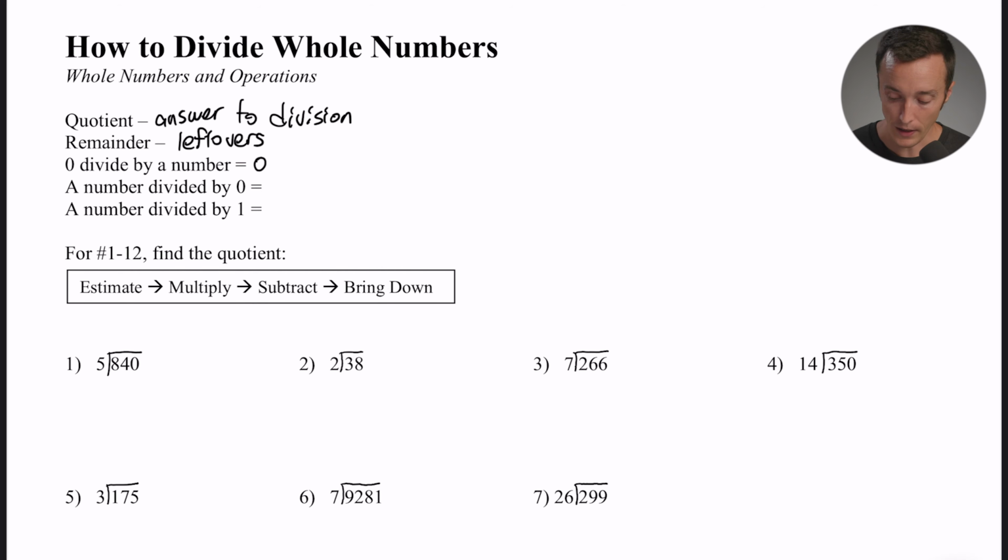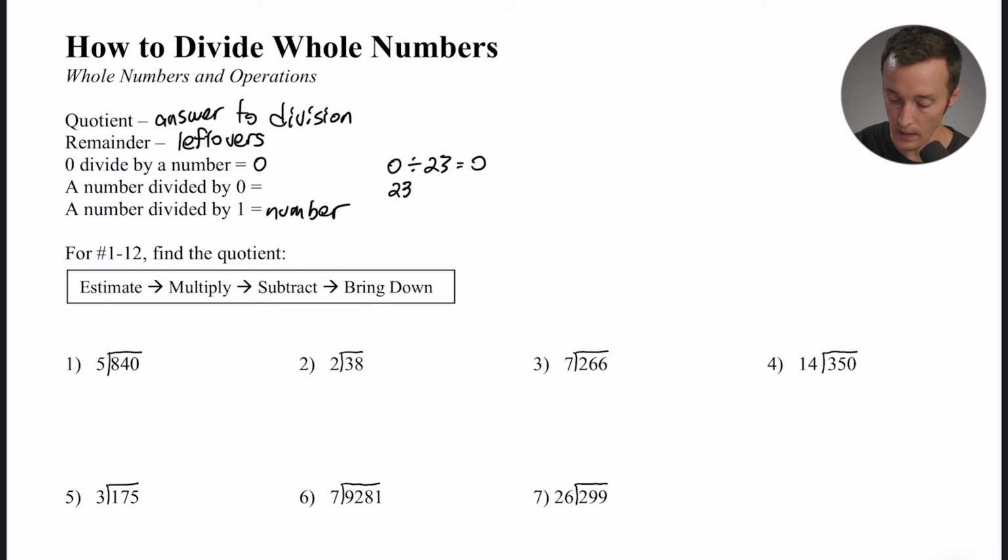Okay, and then a number divided by 1 is just whatever the number was. So let me show you an example of what I'm talking about. Let's just look at an example of each one of these. If we did 0 divided by 23, I'm just making that up, you would get 0, because 0 divided by anything is 0.